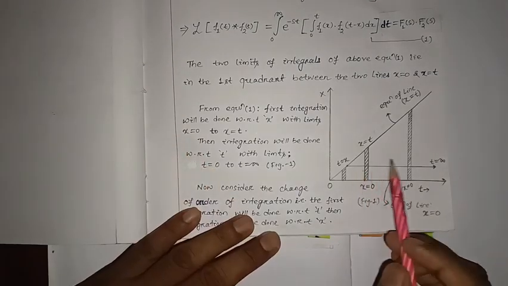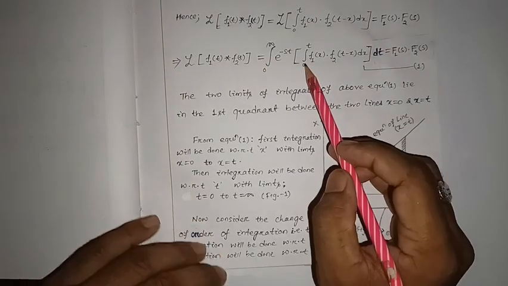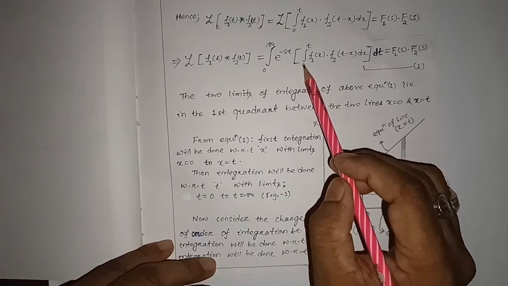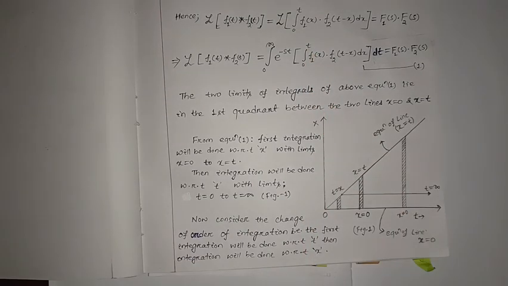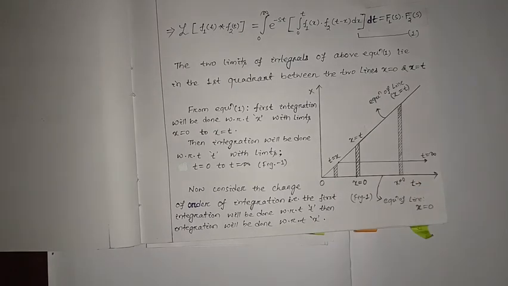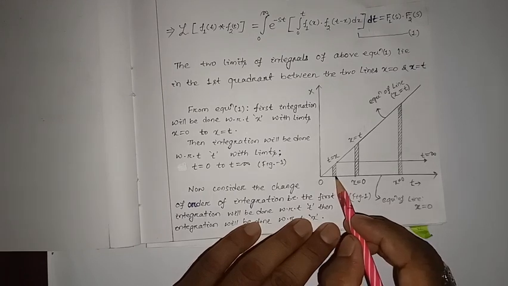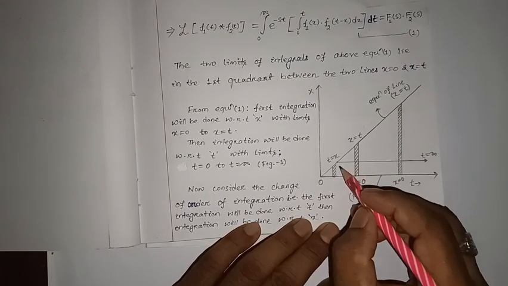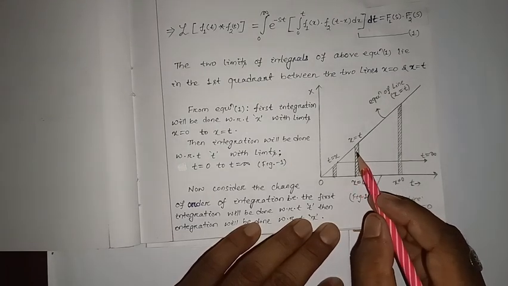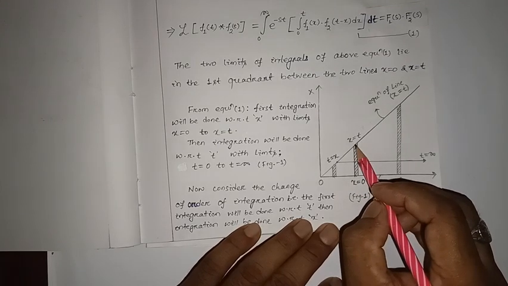Here I am going to explain what the figure is exactly explaining to us. Here you can see integration with respect to x, limit 0 to t. Consider this strip. This strip's lower limit is x equal to 0, upper limit is x equal to t.